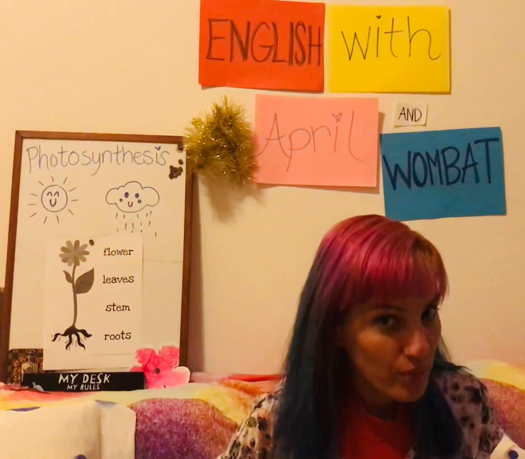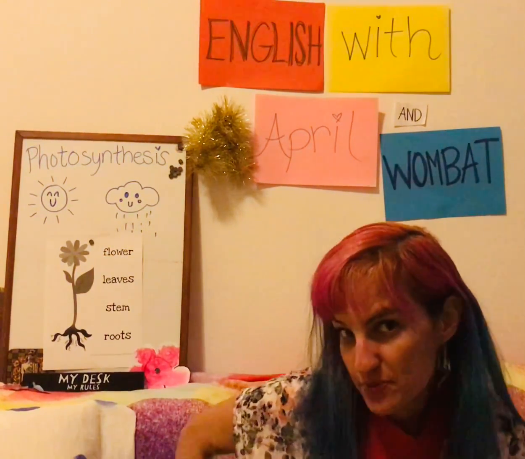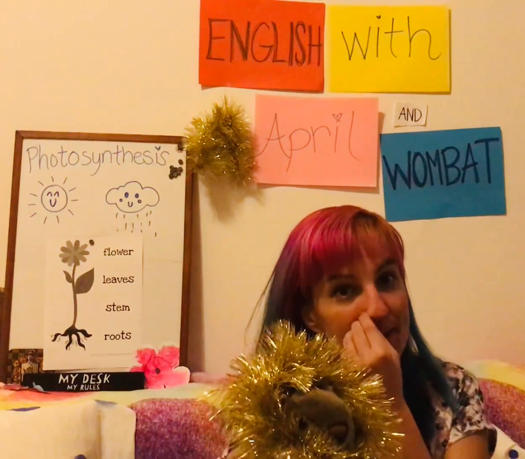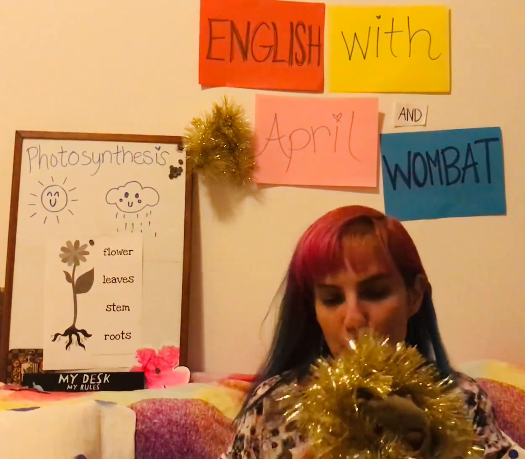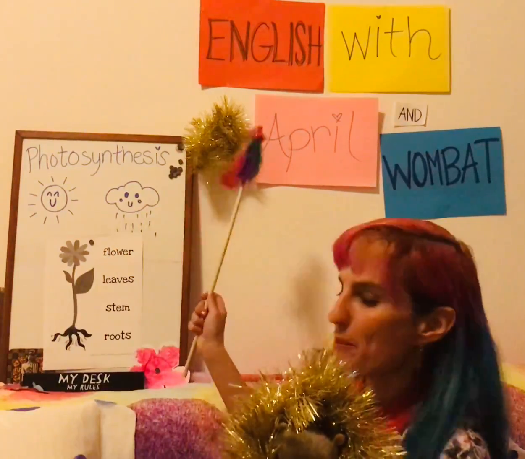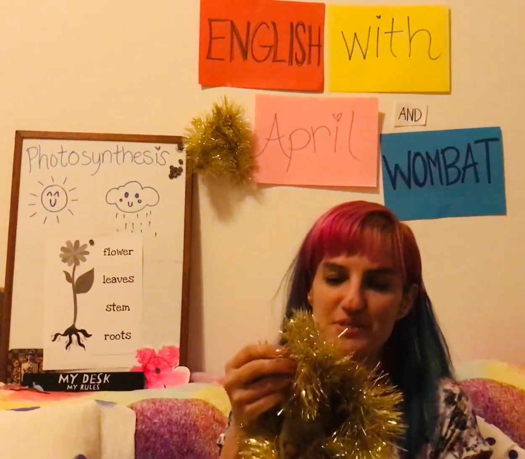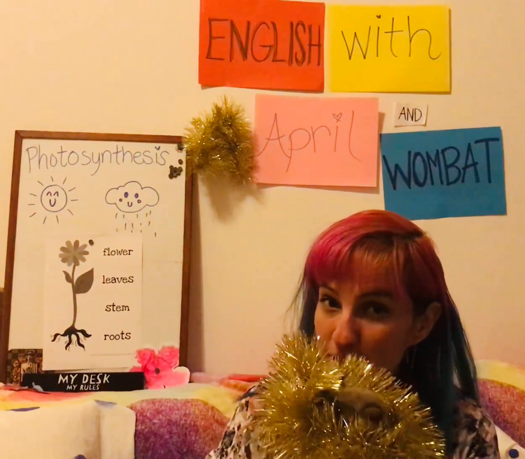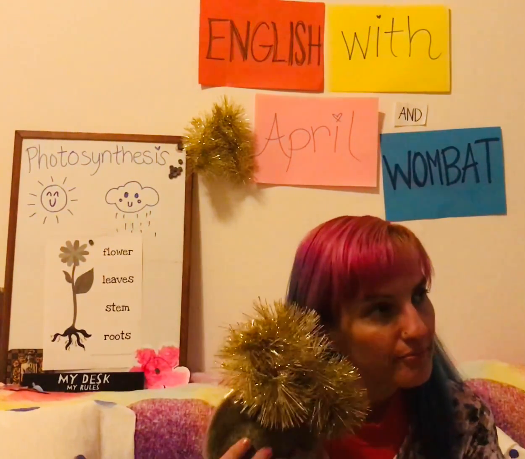Mr. Wombat, who by the way has a very special surprise for all of you. Mr. Wombat told me yesterday that he would like to dress up to match our beautiful backdrop, so he made for himself a beautiful gold necklace and he would like to know if you like it.